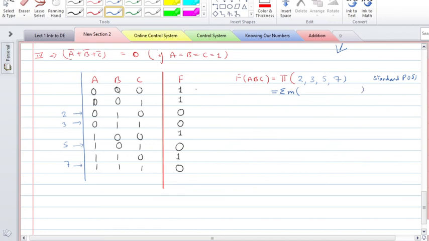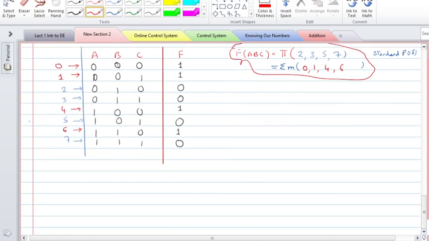Then we have to choose these values, that is 0, 1, 4, 6. Okay, this is 0 1 4 6, and it represents the same function, or you can say the same truth table.